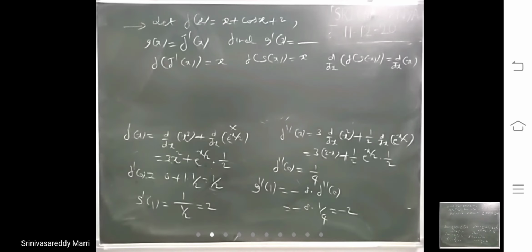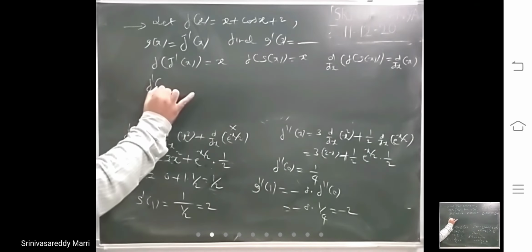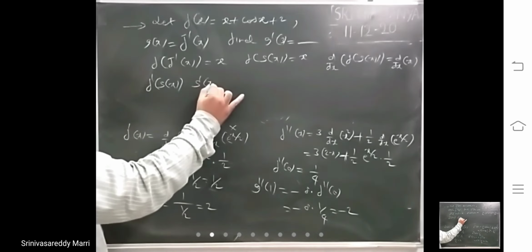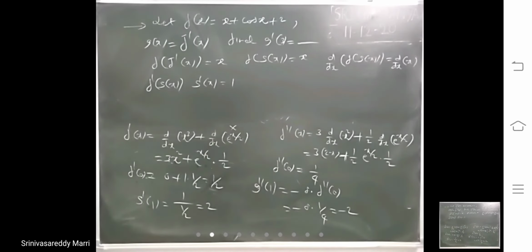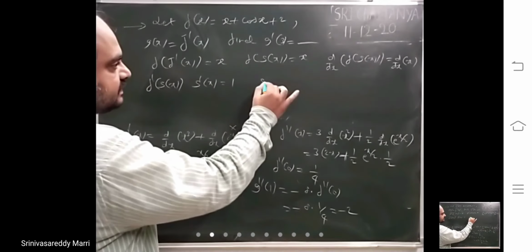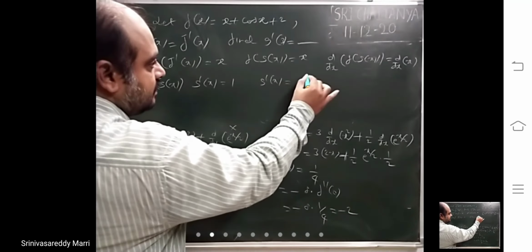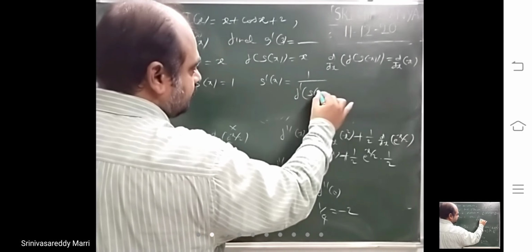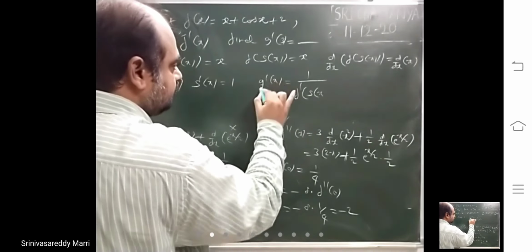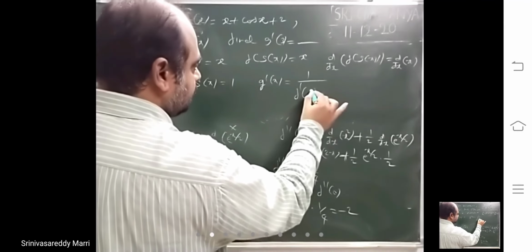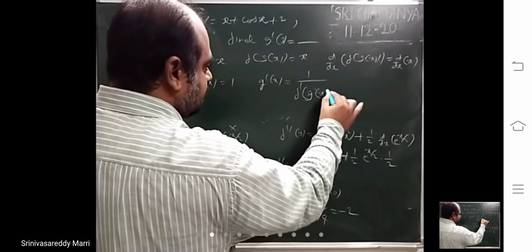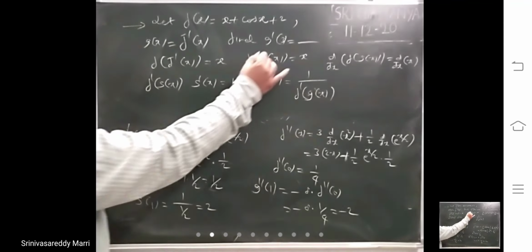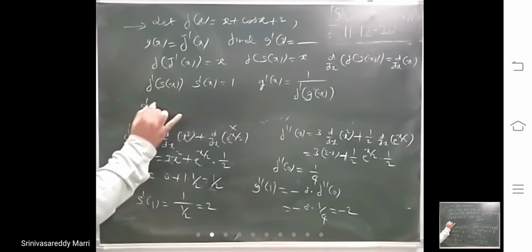Therefore you will get f dash of g of x into g dash x equal to 1. You want g dash x, which is 1 by f dash of g of x. That implies what he is asking, g dash 3.